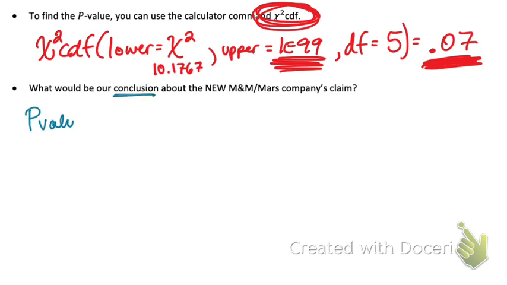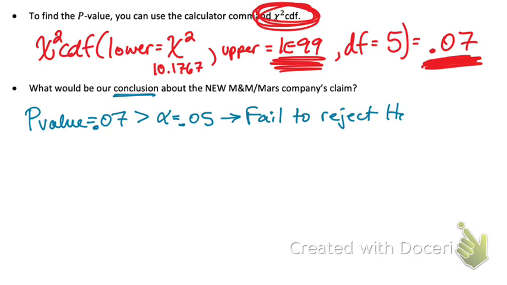Well, our p-value equals 0.07. Did we have an alpha? It's still going to be 0.05 unless otherwise said. So this is greater than alpha of 0.05, and so we're going to fail to reject the null hypothesis.